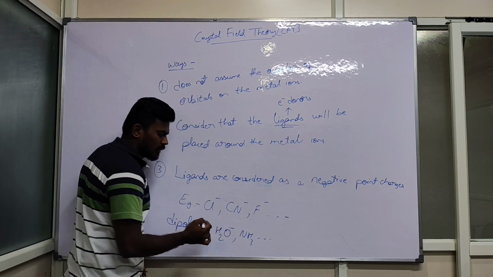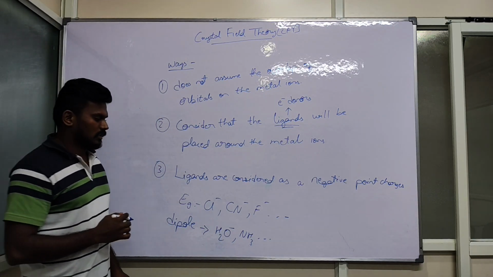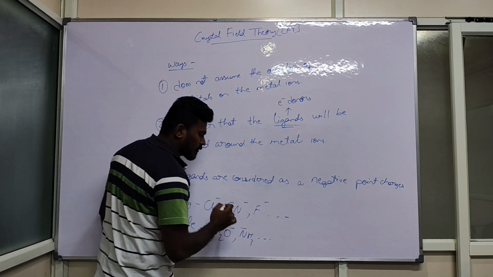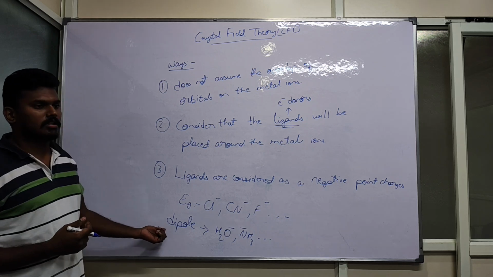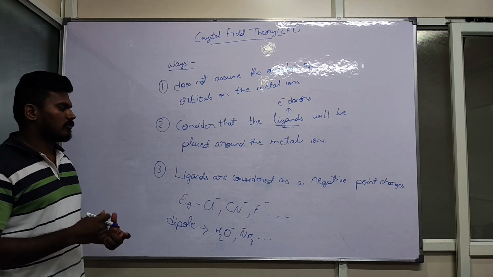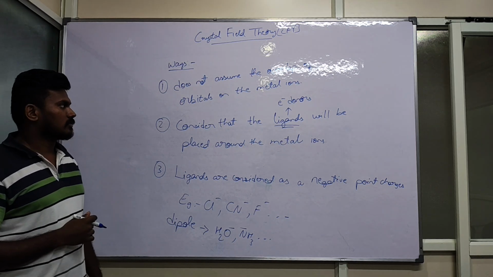In H2O, oxygen will be the negative end, and in NH3, nitrogen will be the negative end. So these negative ions in the dipole molecules will donate the pair of electrons.